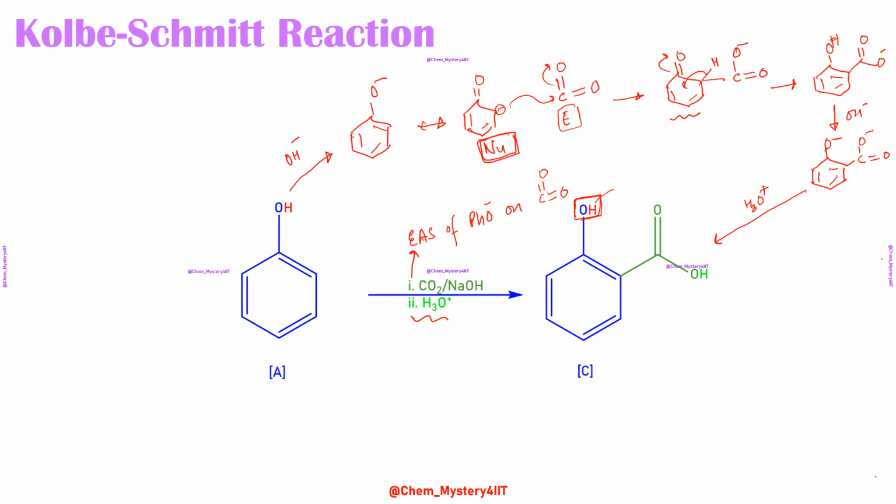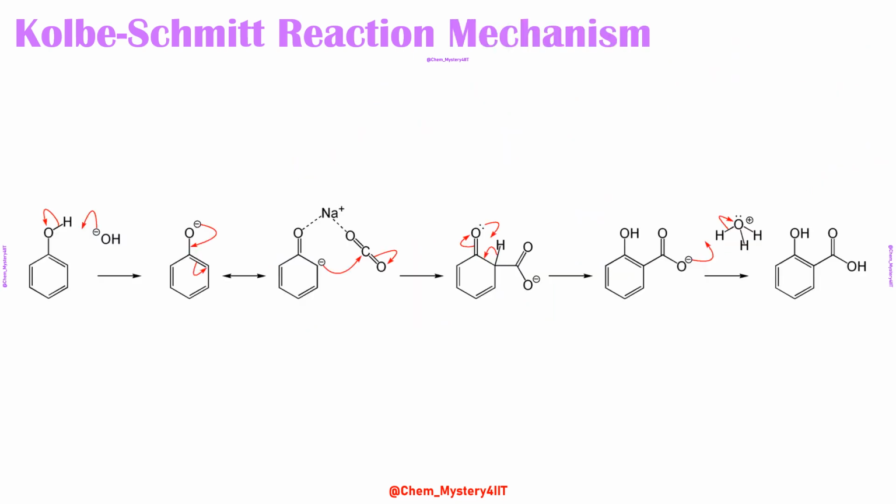For example, if you would have had here D3O plus, like D2O in acidic medium, then this OH would have been replaced by OD at the same time as this carboxylic acid would have been replaced by OD. And this is the detailed mechanism of the Kolbe-Schmitt reaction.